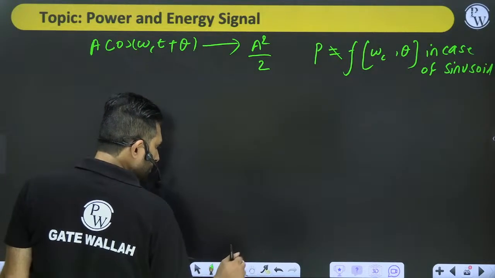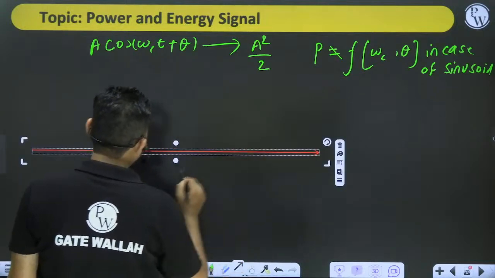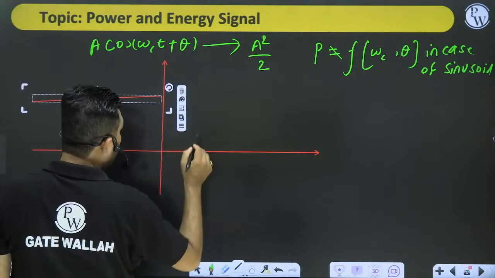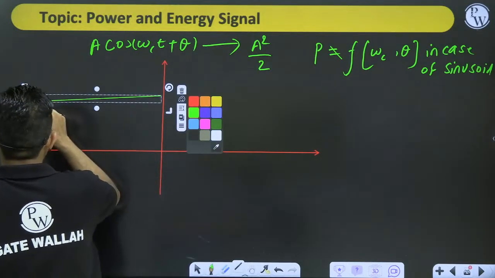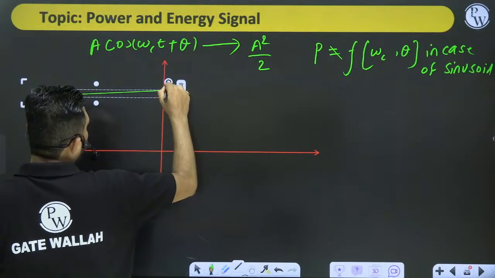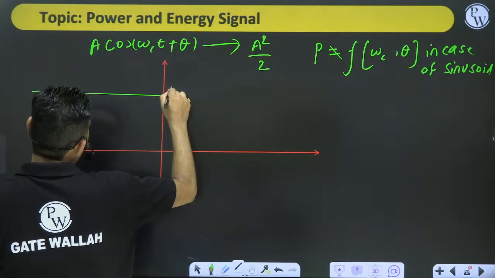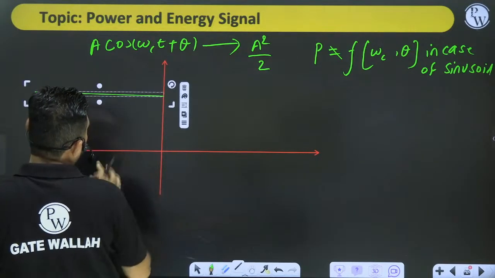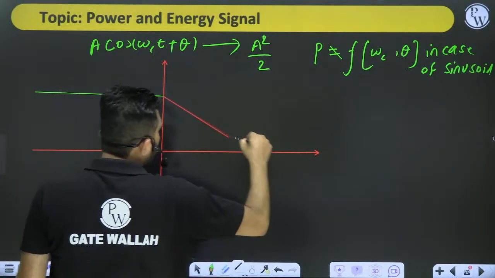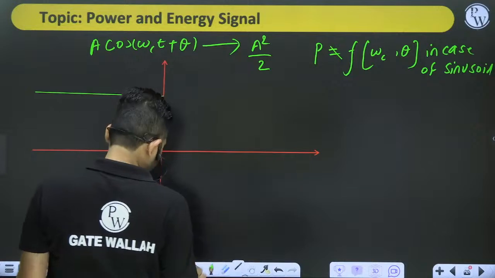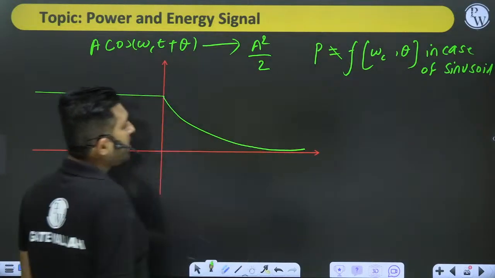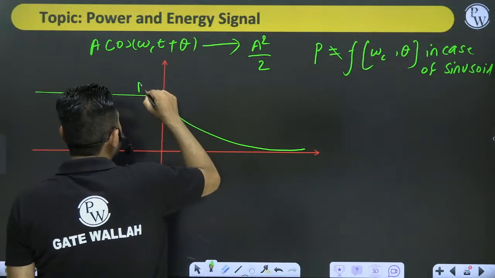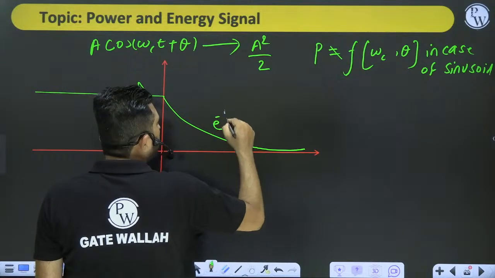See here, the last question was this one. This is the function, this is A, and that was the power e to the power minus t times u(t).